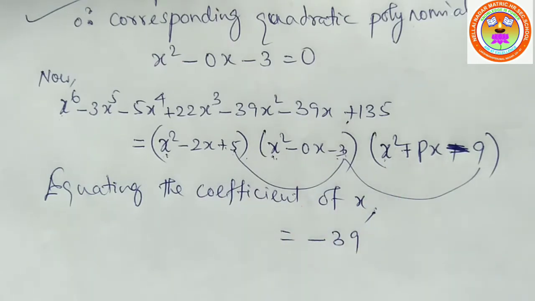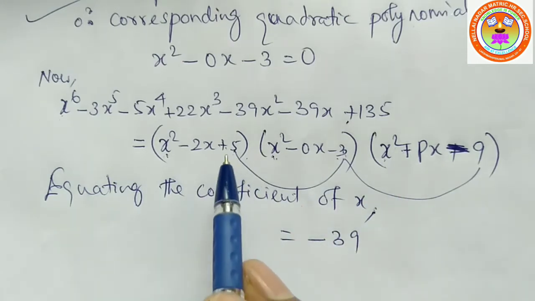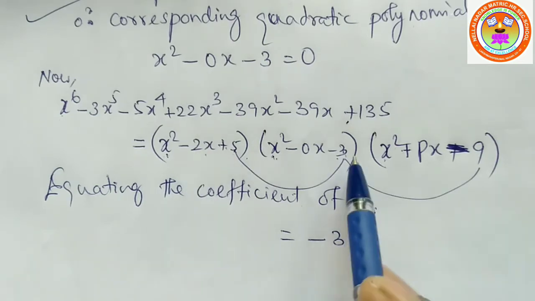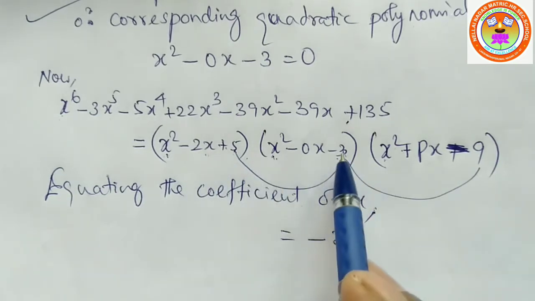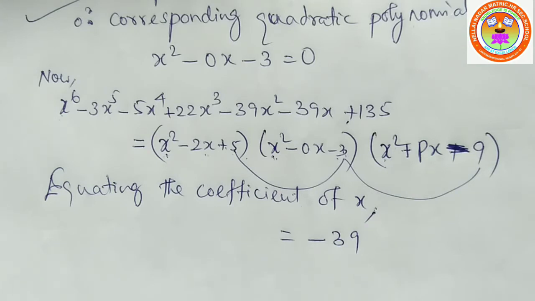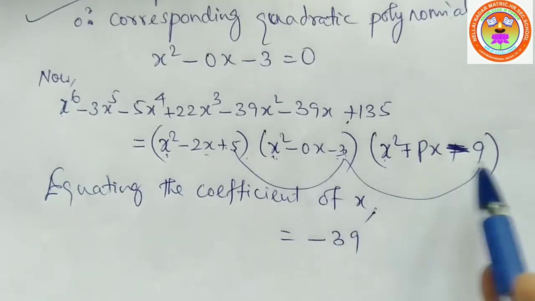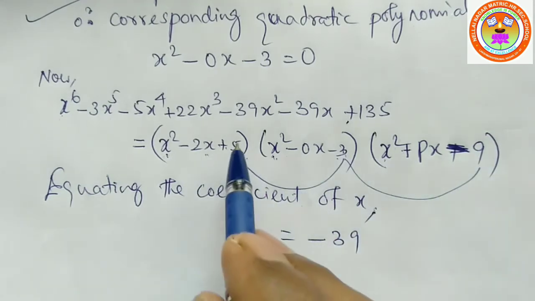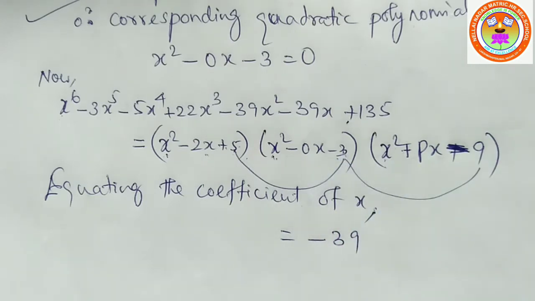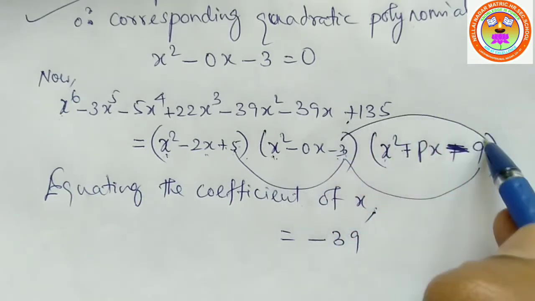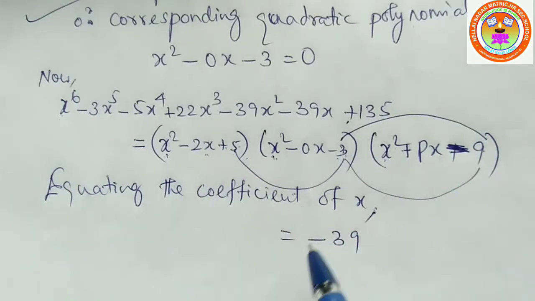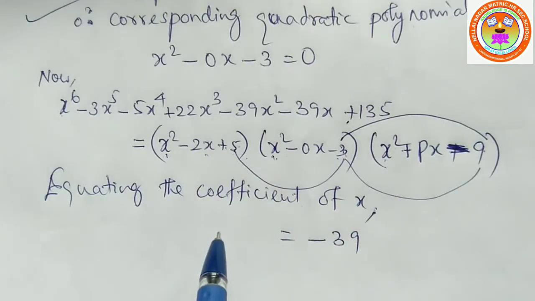The right hand side, when we multiply this constant with this x term with the other two constants, this x term with no need, reason is 0. So this x term with the other two constants, then these two constants with this x, we will get the x term. See, we are multiplying these two constants. So constant into x is x. We need only the x term, no other terms required.